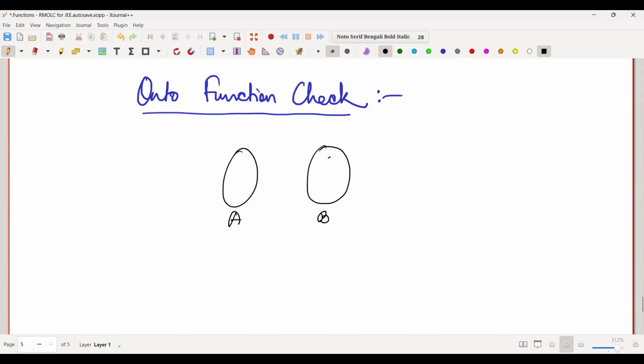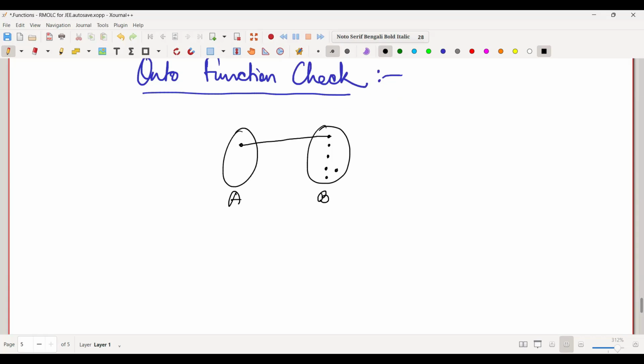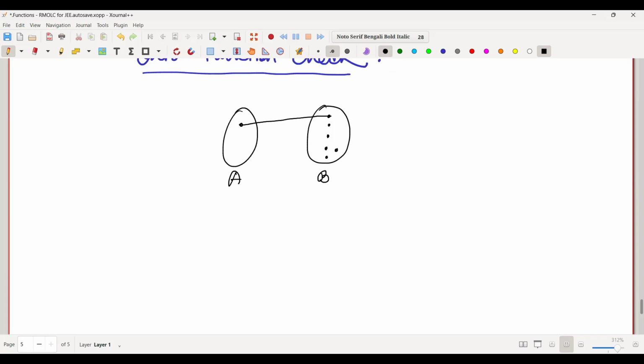That means every element in B should have mapped to an element of A.